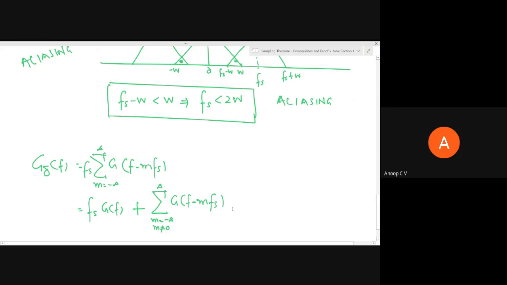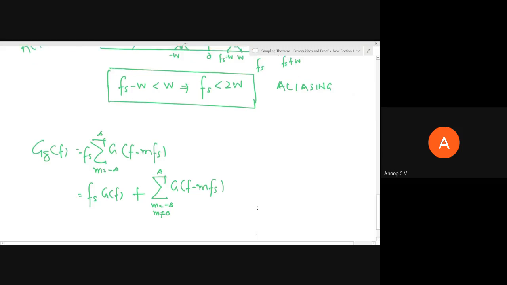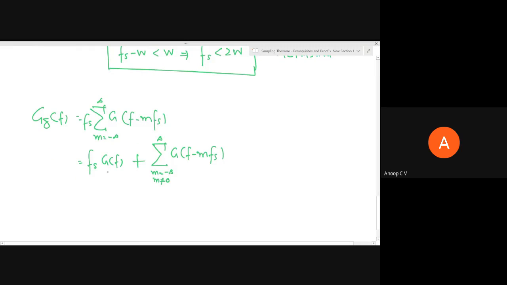If you see this, G(f) is the spectrum of our original signal, of course weighted by an amount fs. So if you can get this G(f) alone back, then that is the original signal.